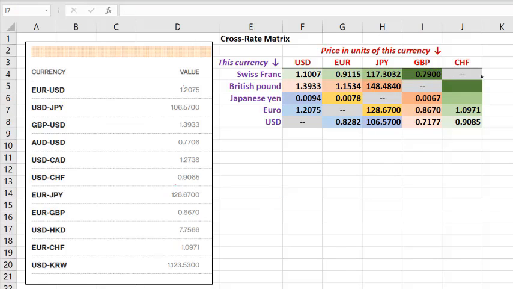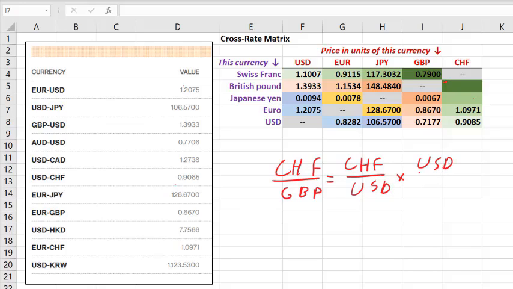Oh, and I just see here we missed one for the British pound. So let's do here pound in terms of Swiss francs. So Swiss francs per Great Britain's pounds. And here, of course, we're going to do the Swiss francs per dollar times dollars per pound price.